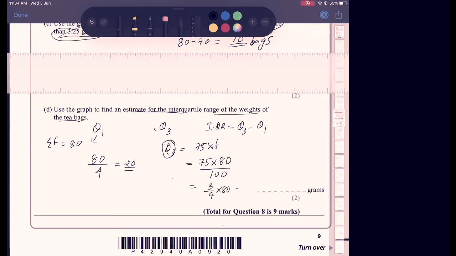So we need to find the values at the 20th position and the 60th position.